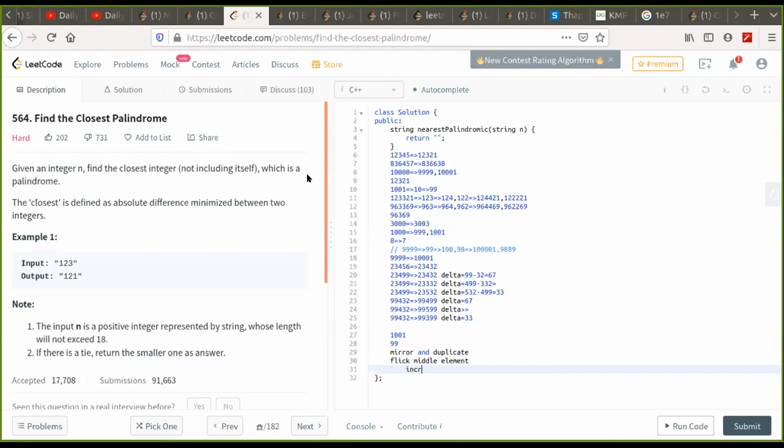That's why we started with that 99 number, because I want to go to the other end of the line. When you mirror anything ending with 99, you are very close to the next bigger number, right? So that's why that case works.